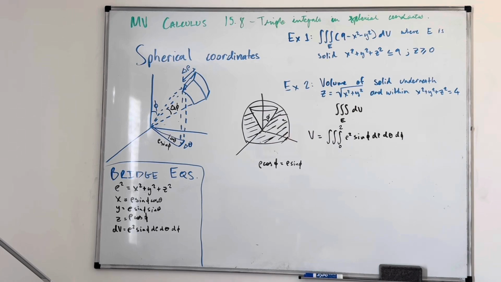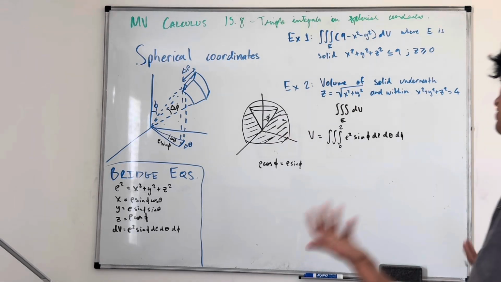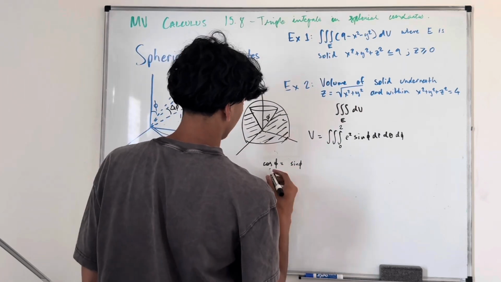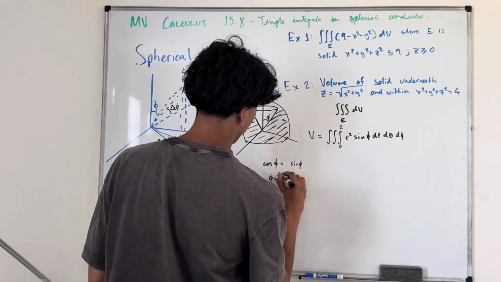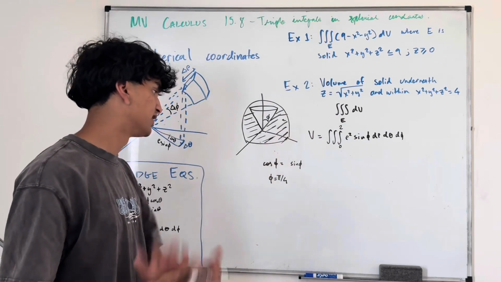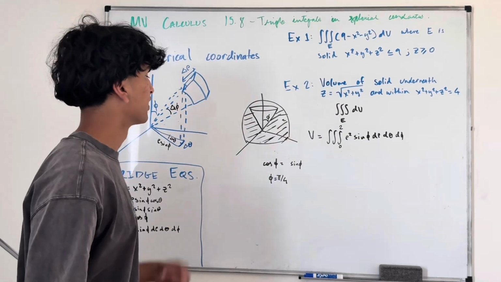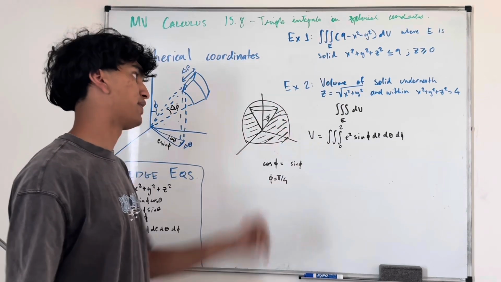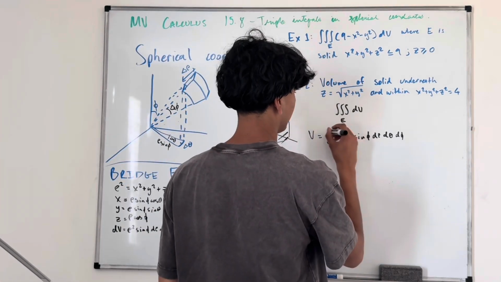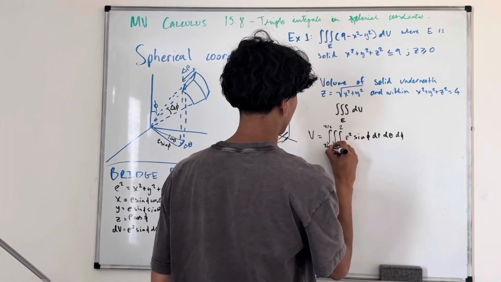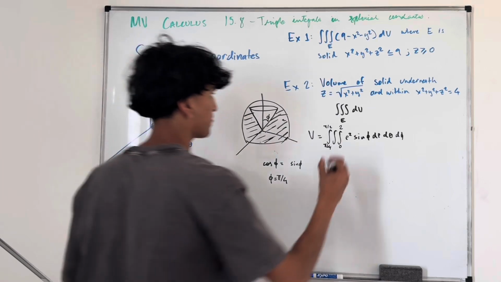Then the rhos drop, and the solution is phi equals pi over 4, because if I divide everything by cosine, I get 1 is equal to tan, and the solution to that is pi over 4. So I'm going from pi over 2 and stopping at pi over 4. That's the constraint. So pi over 2 to pi over 4, and we're doing a full revolution, so theta goes from 0 to 2 pi.